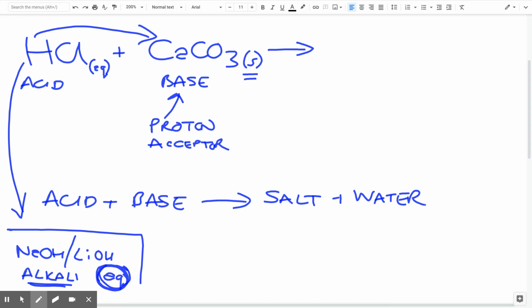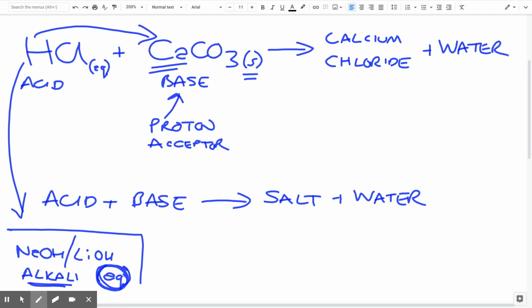So we know we're going to produce a chloride of some sort because of the type of salt we're going to produce. We know we're probably going to get a calcium salt. So we know that the salt is going to be calcium chloride. And we're also going to produce water because we always produce water in an acid-base or acid-alkali reaction.